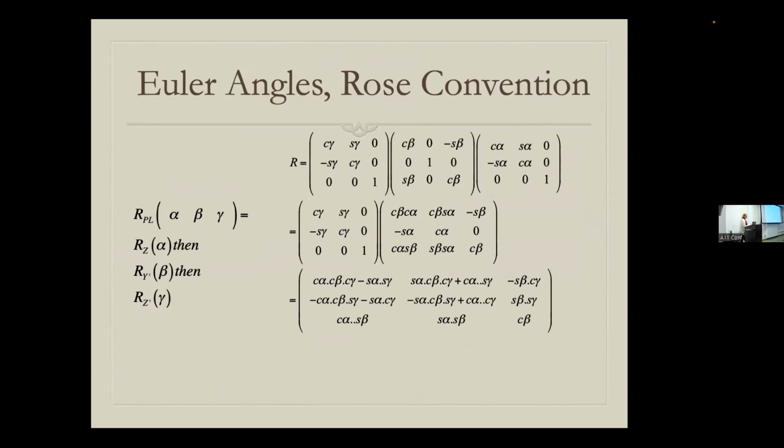So if I wanted to write out these Euler angles with the Rose convention, here's what it would look like in 3 dimensions. A rotation around Z looks like this. You do nothing to the Z component. So Z mixes with nobody but itself, it's just preserved. And then X and Y, well, we already looked at that. That's a rotation in a plane, right?